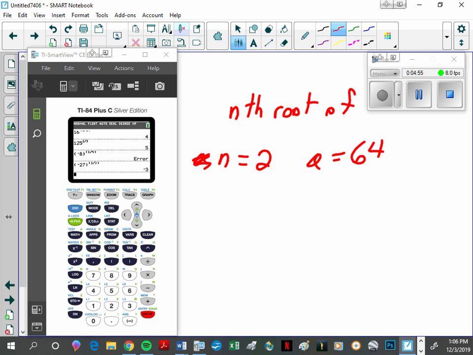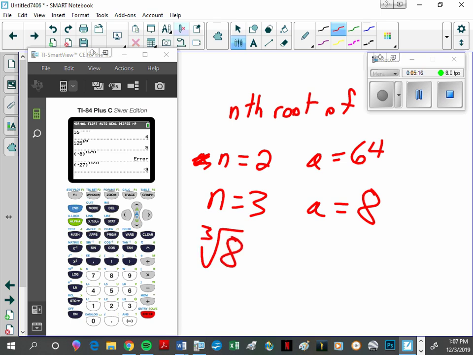What times itself is 64? 8. Okay. What if I had the third root of 8? That would be 2. Does that make sense? So it's just saying, what is the third root of 8, or in this case, the square root of 64?